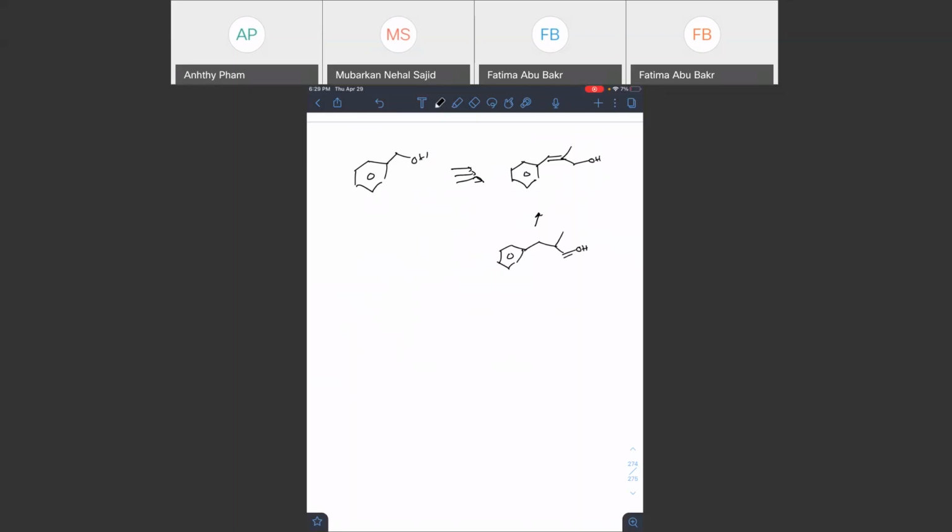And then also possibly, I'm not sure about this double bond, but if this was a ketone right here, that would be alpha addition, right, onto this side.